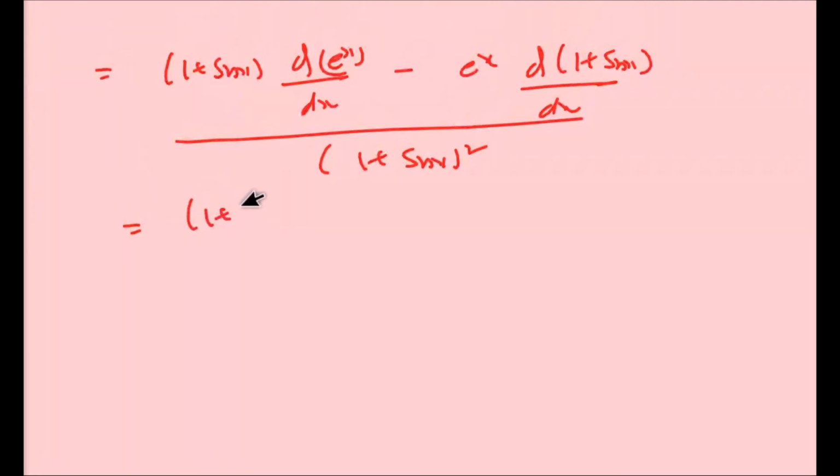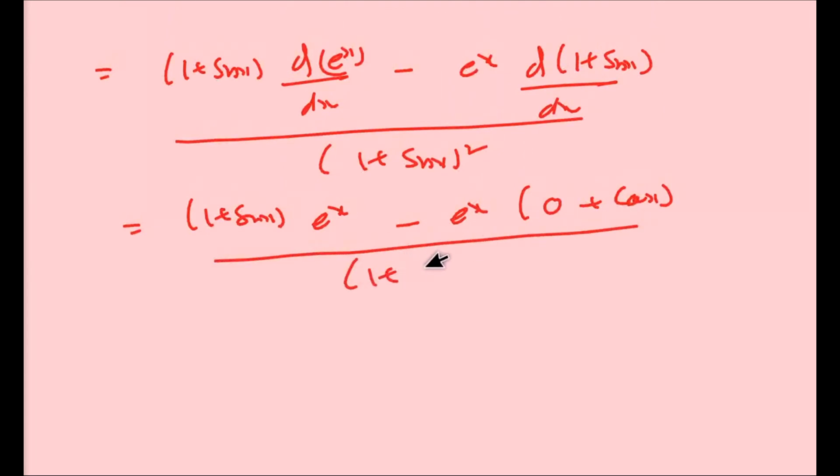Now it is 1 plus sine x; differential of e to the power x is e to the power x, and here is addition, so differential of 1 is 0 and of sine x is cos x, all over 1 plus sine x whole square. Now you have to simplify this, taking e to the power x common.